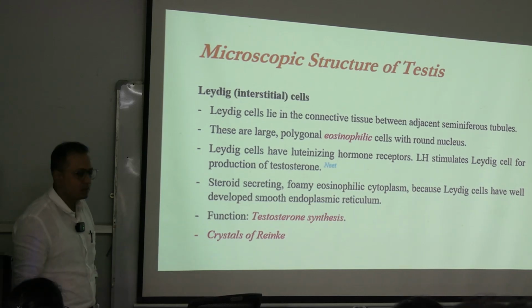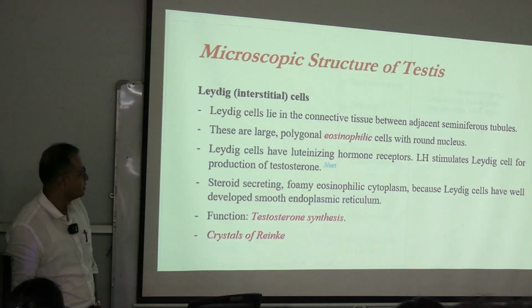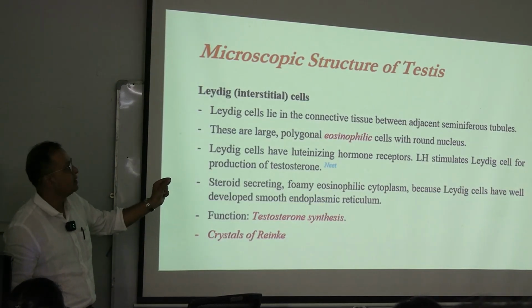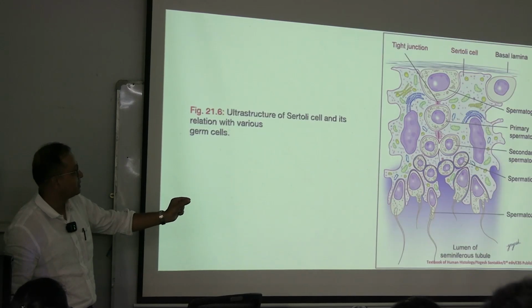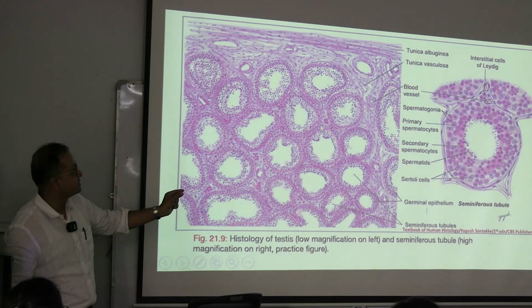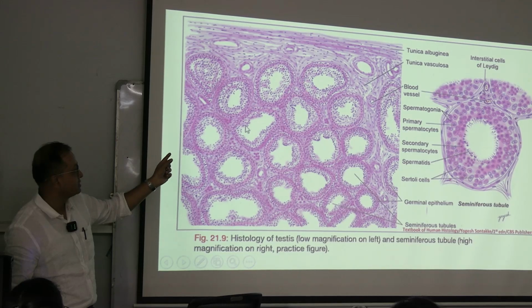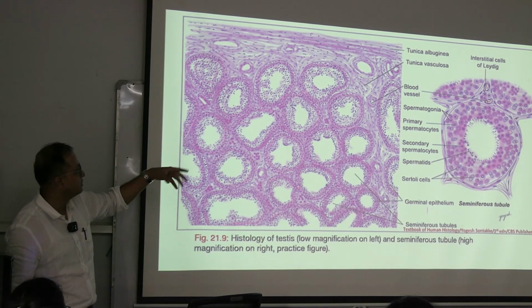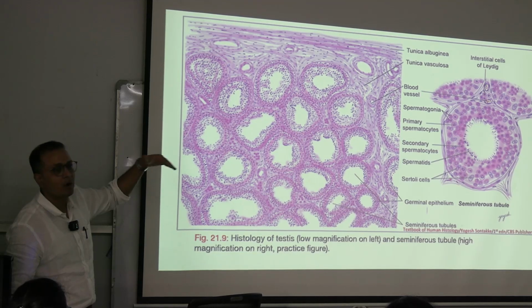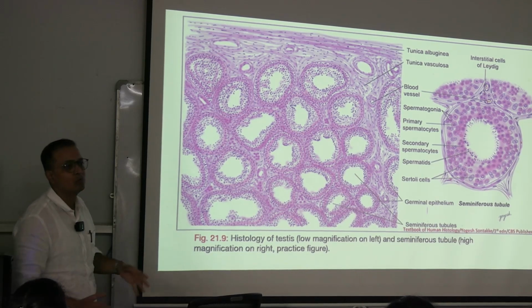The testosterone is tagged to the androgen-binding protein, and once they are tagged, the inside regions of the seminiferous tubules get the stimulus. So the production of sperms can occur through hormonal stimulation.